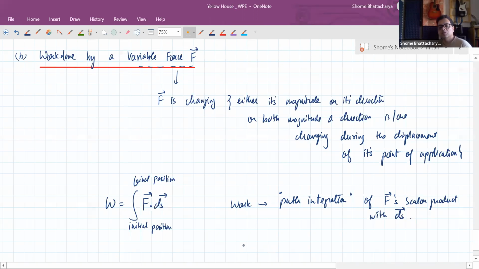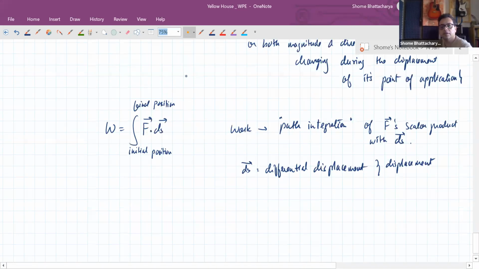So here ds is what we call a differential displacement, or it is the displacement in a very small interval of time dt.